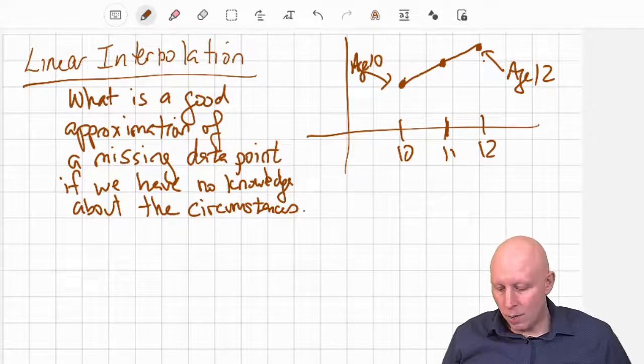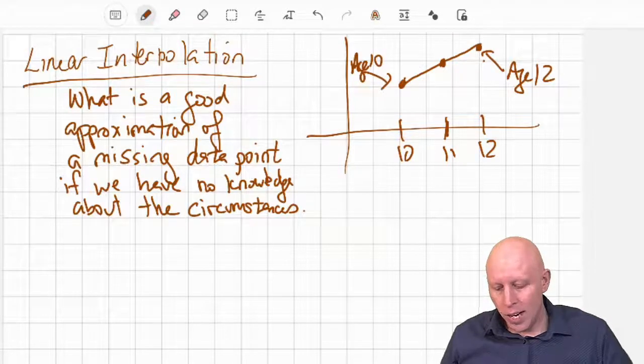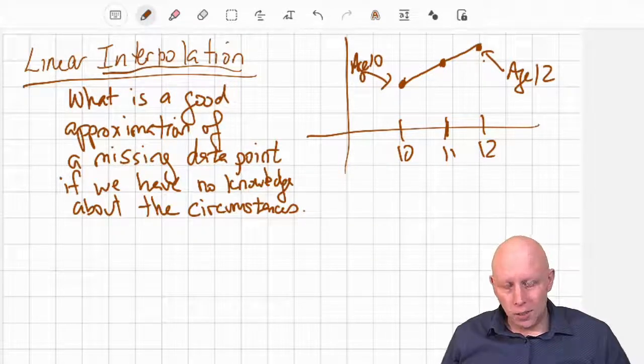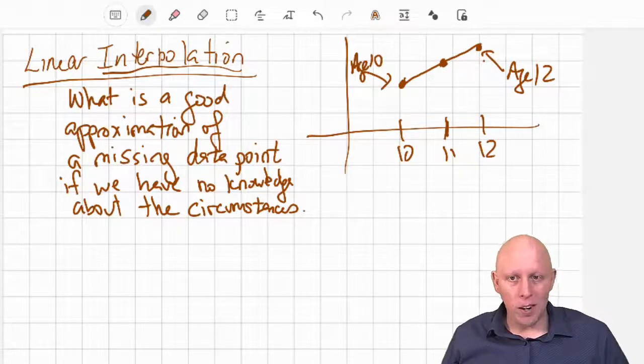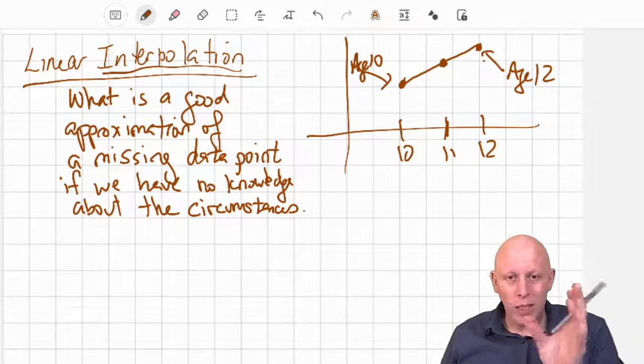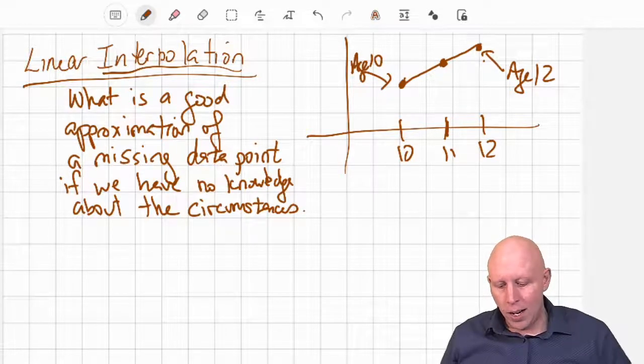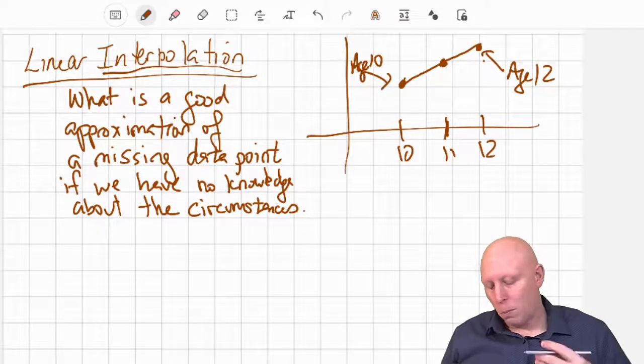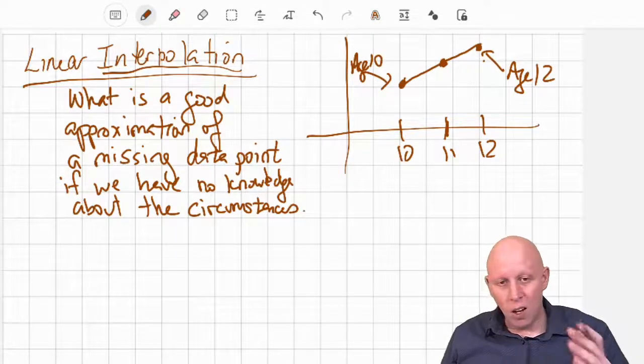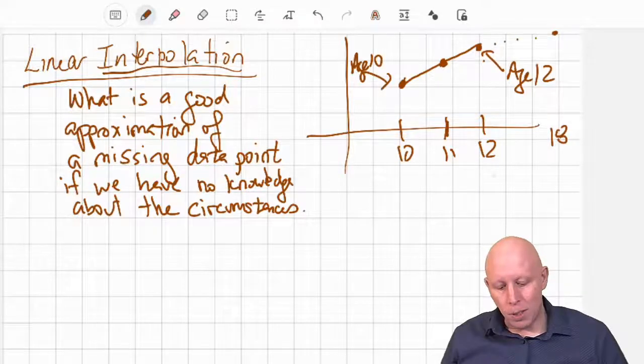So this idea of an interpolation is finding a best guess for what missing data points are that are in between known data points. That's in contrast to trying to figure out what your height is at age 18, which would be more of an extrapolation.